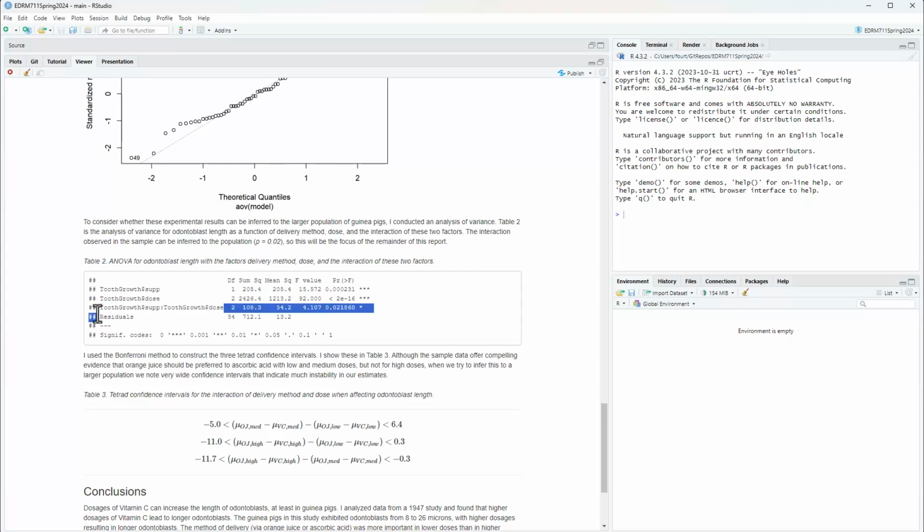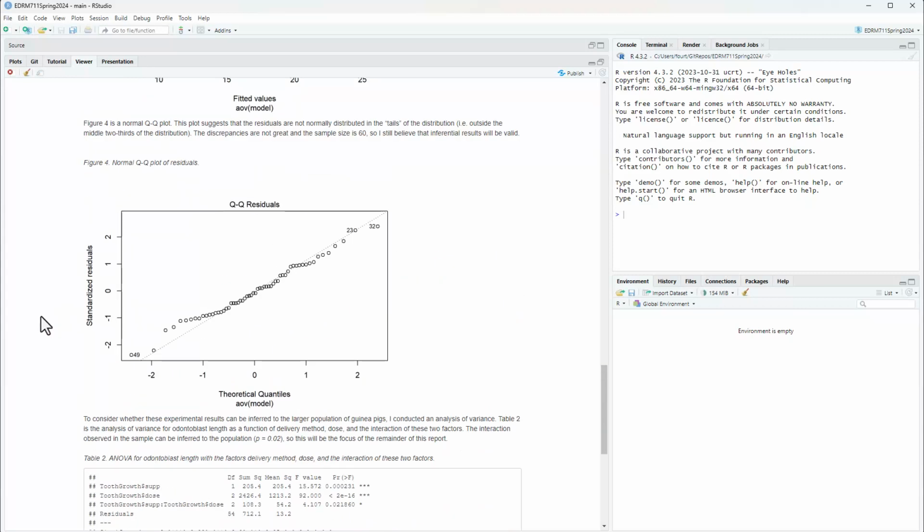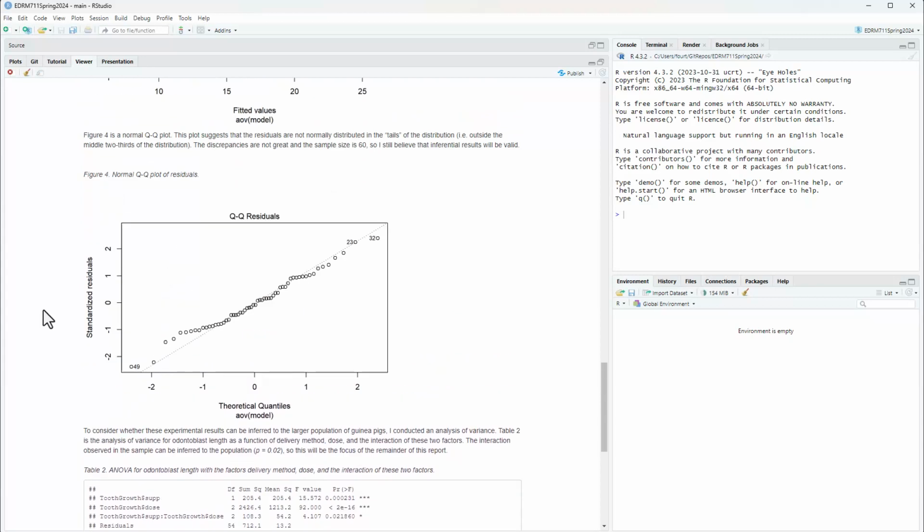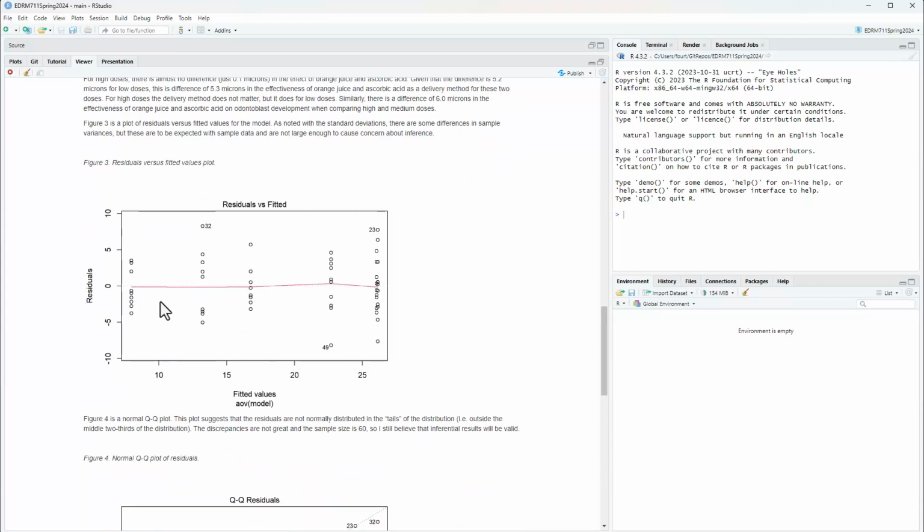What about interaction? When both of the factors are between subjects, interaction is also between subjects. It means that when you take any particular cell and compare it to the other cells, all the guinea pigs are in one and only one of the 6 conditions. So this is what we looked at here.